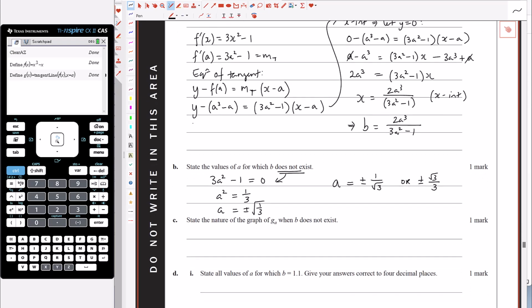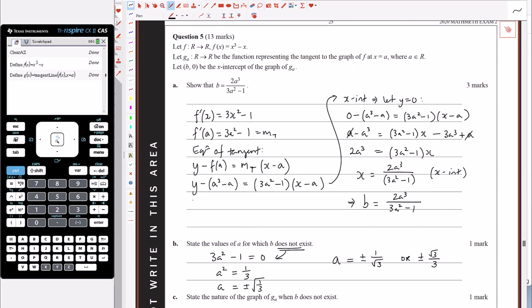State the nature of the graph of GA when B does not exist. Okay, so let's go back to what B is. B is the x-intercept of GA, which is the tangent at A. So if B does not exist, there's no x-intercept for the tangent, and the only time there's no x-intercept for the tangent is if the tangent is parallel to the x-axis, and therefore it's a horizontal line.